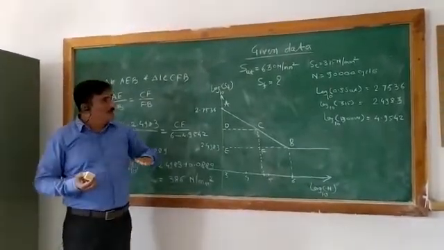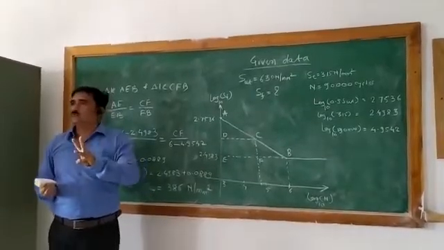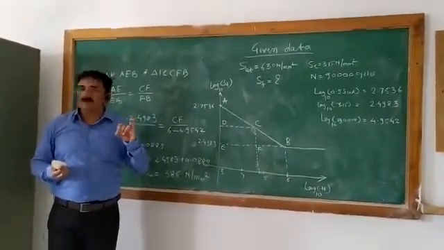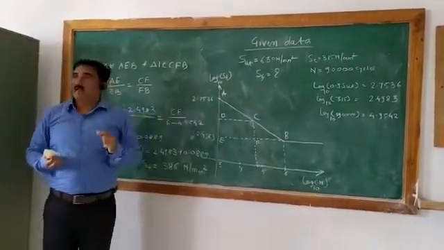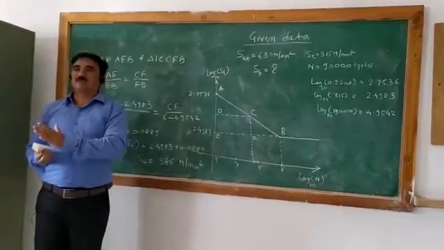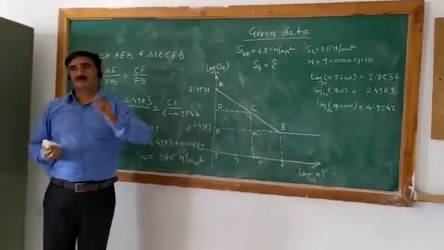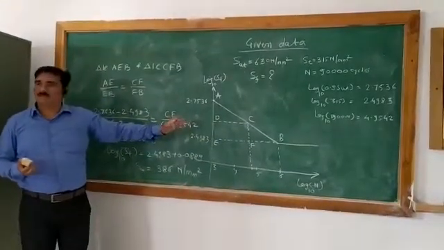In this SN curve numerical, there will be three values with you. The first important value is SUT. The second important value is SE. And third, they will give SF or N. If SF is given, you need to calculate N, and if N is given, you need to calculate SF. So these are the steps for calculation of SF or N.